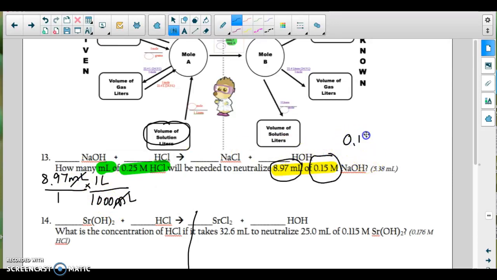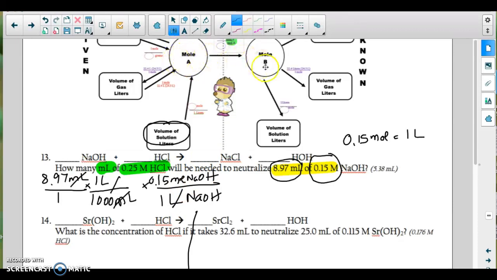This 0.15 big M is really 0.15 moles in 1 liter, so I'm going to put the 0.15 mole on the top and the 1 liter on the bottom. So 0.15 moles of NaOH are in 1 liter of NaOH. My liters are canceled and I'm at moles of sodium hydroxide right here.